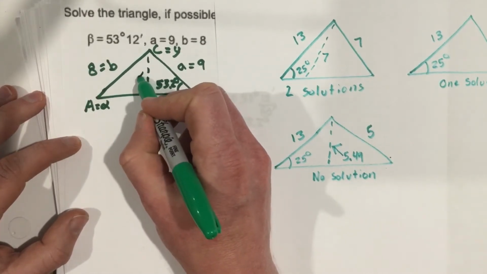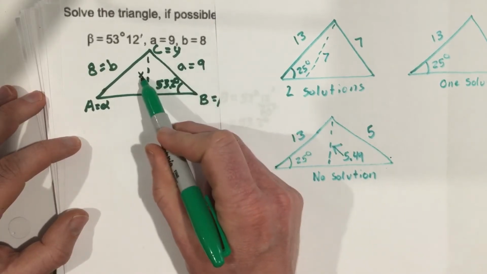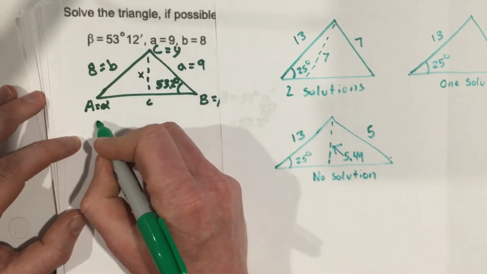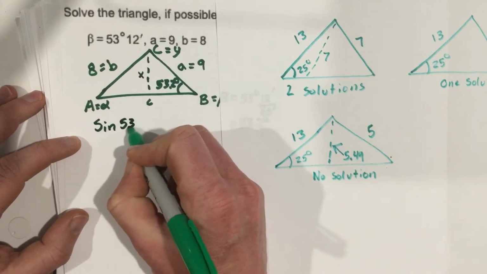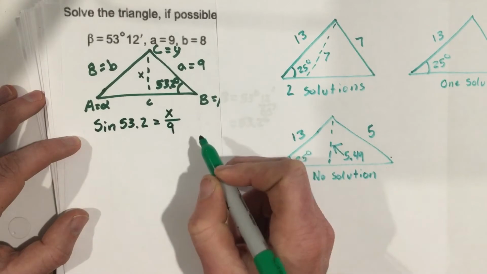Well, that's x. We'll call that x, and we'll look at this little right triangle here. So x is the opposite side. This is the hypotenuse. So we're just going to use sine from our SOHCAHTOA. Sine of 53.2 is going to equal x over 9.